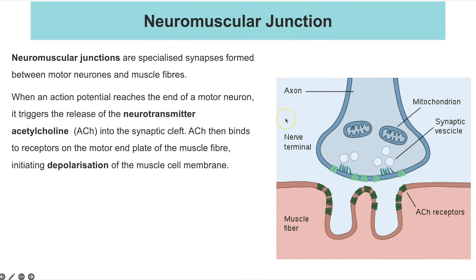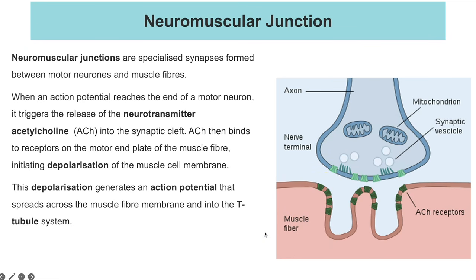When an action potential reaches the end of the motor neuron, it triggers the release of the neurotransmitter acetylcholine into the synaptic cleft, just how we saw that happens in a typical synapse. That acetylcholine then binds to receptors, but this time the receptors are on the muscle fibre, not on a postsynaptic neuron's membrane. That then causes sodium ion channels to open, sodium ions diffuse in, and it causes depolarization of the muscle cell membrane.